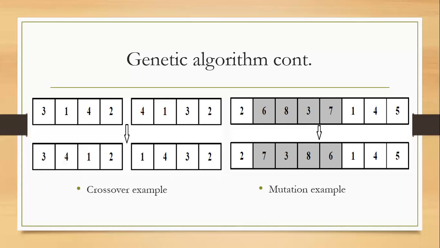After mutation, one last step is to apply the elite strategy. If the best chromosome of the new population is worse than the best chromosome of the old population, then the worst chromosome of the new population is replaced by the best chromosome of the old population.